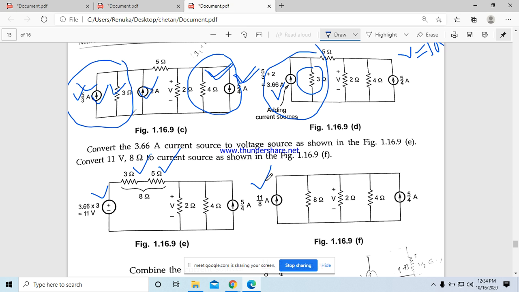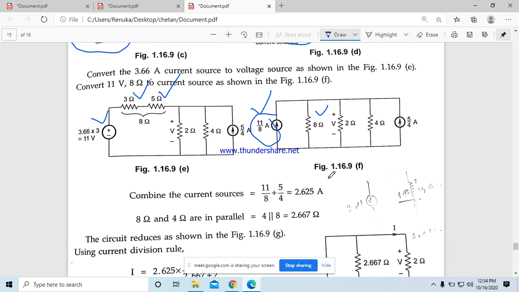How have they drawn this? I equal to what? V by R. V is nothing but 11 volt. R is nothing but 8 ohm. So they will get I. This is parallel with what? 8 ohm.